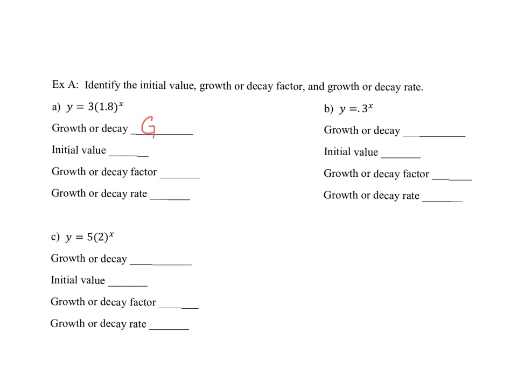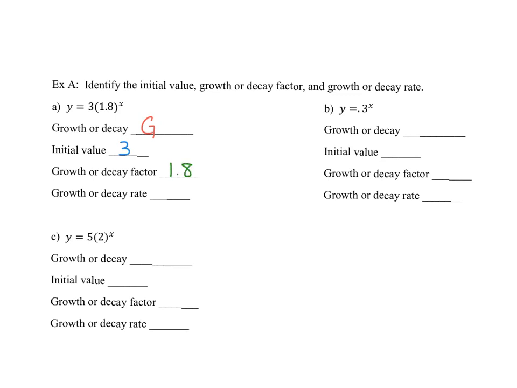So then our initial value, what's in front? The number in front always does not have the exponent, okay? So in that case it is 3. The growth or decay factor, the factor is what is given to you in the equation, and that's 1.8. That is what is being raised to the x.